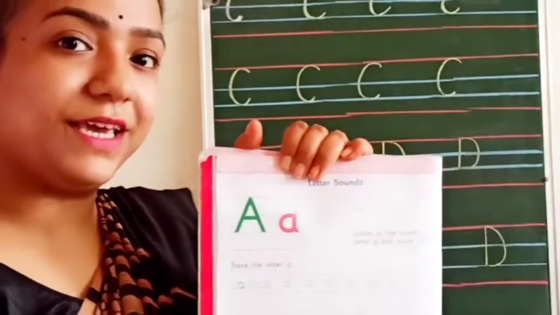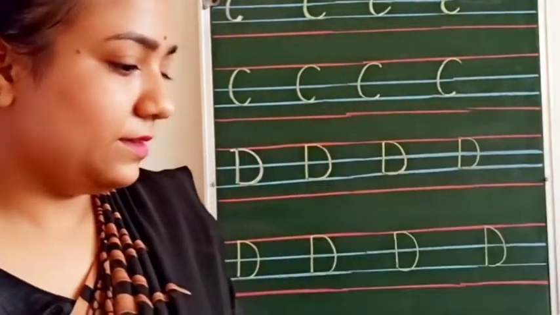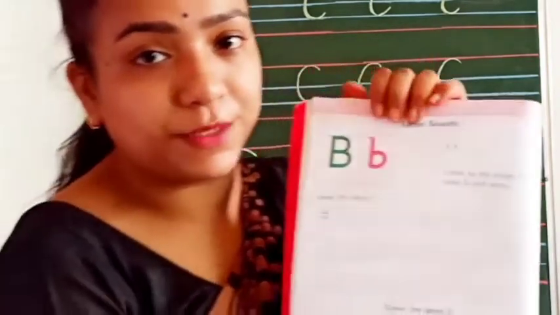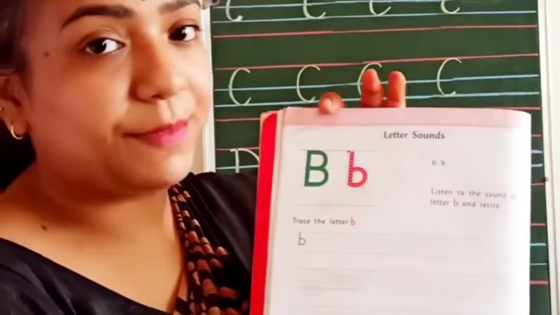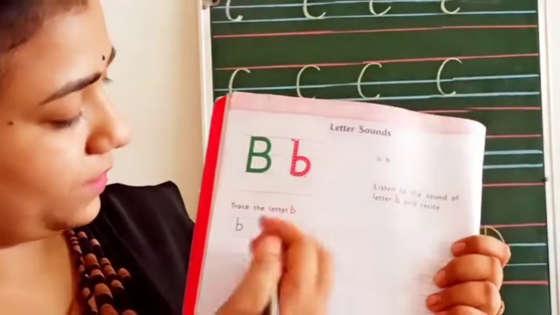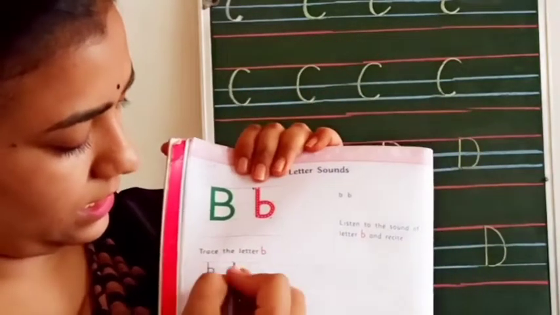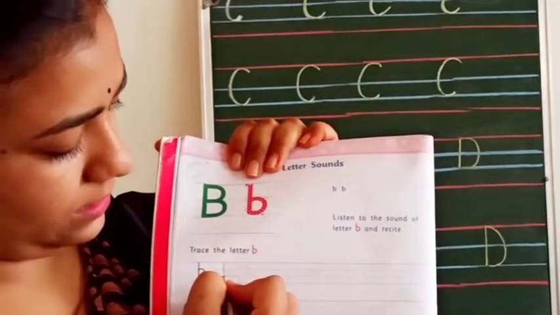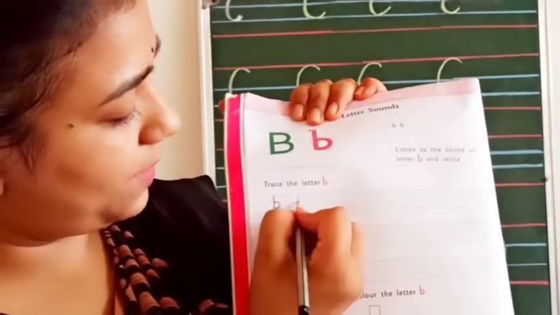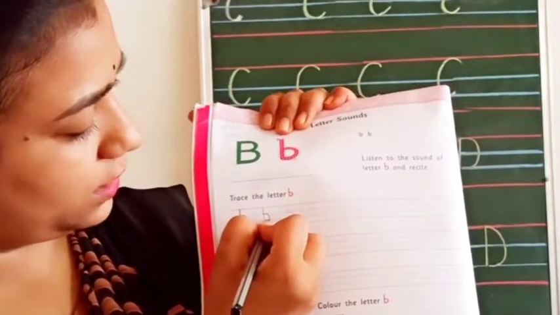Now letter B. See, this is letter B. So today we will do letter B also. Okay. So standing line, then coming to the second line and make a small curve.